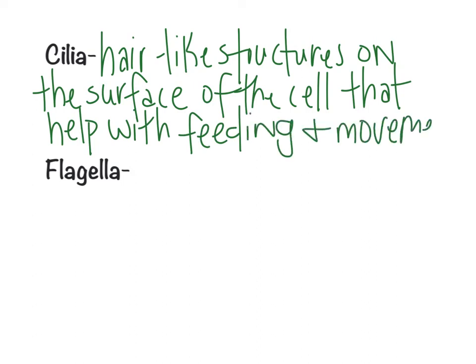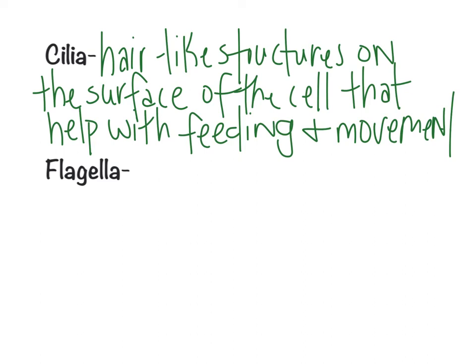They're very numerous. They're all over the surface. They're little hair-like structures, and they can just beat back and forth, and that's what's going to either propel the cell or also kind of bring food or external things inside, and that's what helps it feed.